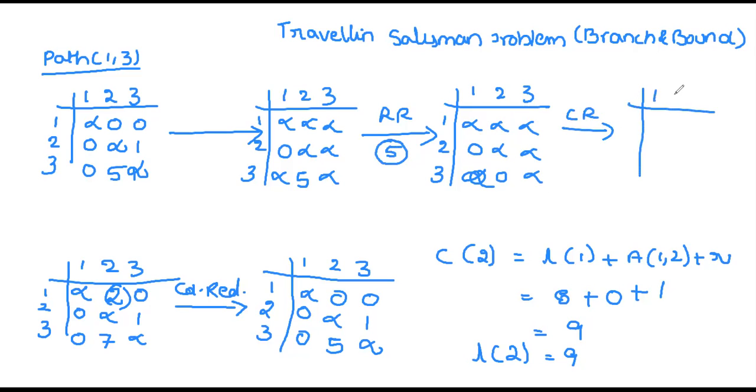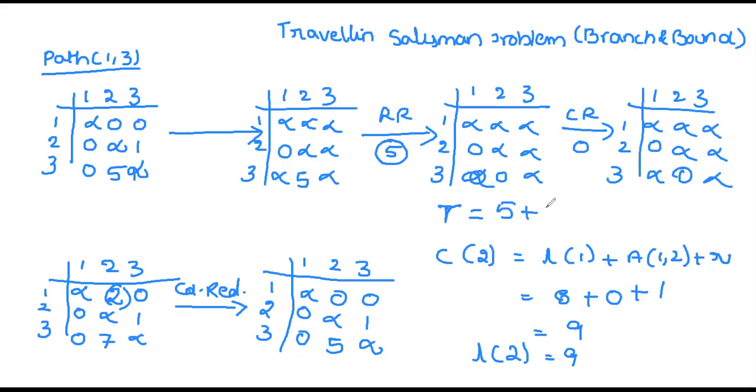This is a recursive process. The minimum value from the first column is 0, so that 0 is deducted from every row. Same way, the second column value is 0, and the third is infinity. So the column reduction is 0. Therefore the total reduction R is equal to row reduction 5 plus column reduction 0, which becomes 5.